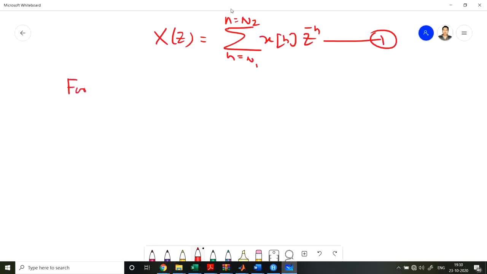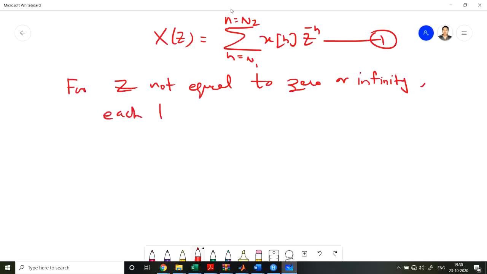So for z not equal to 0 or infinity, each term in equation 1 will be finite.